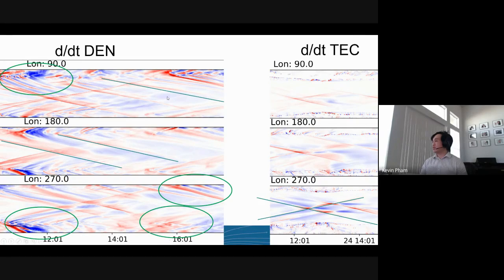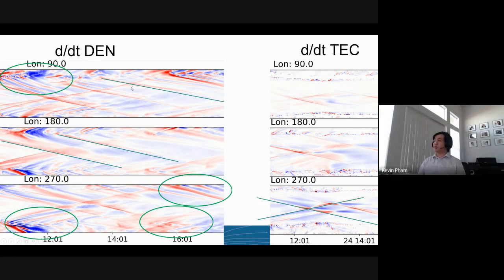So you can see this separation is a lot larger than this separation, and similarly, this is a very small separation between these two waves interfering. So it doesn't seem to be dependent on the amplitude of the waves interfering.